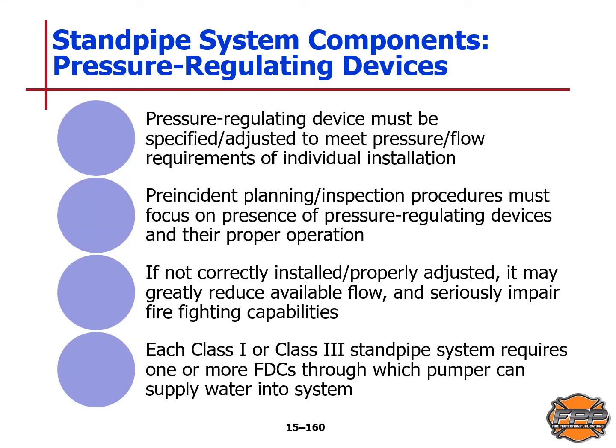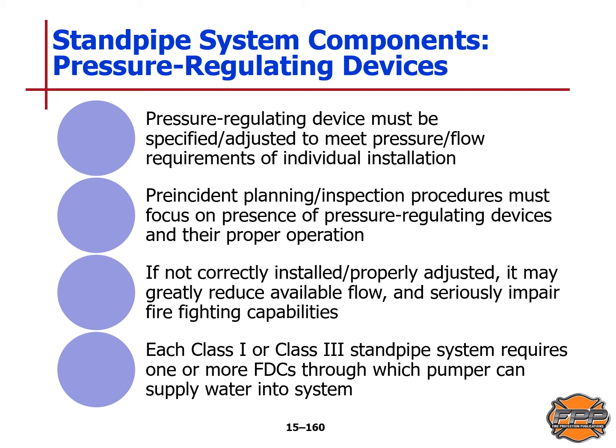Standpipe system components, pressure regulating devices, we're going to discuss now. First, a pressure regulating device must be specified and adjusted to meet the pressure and flow requirements of an individual installation. Next, pre-incident planning and inspection procedures must focus on the presence of pressure regulating devices and their proper operation.